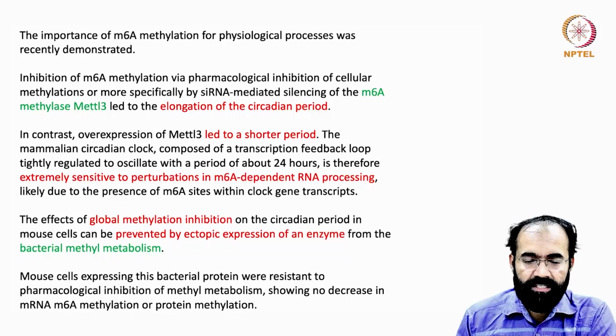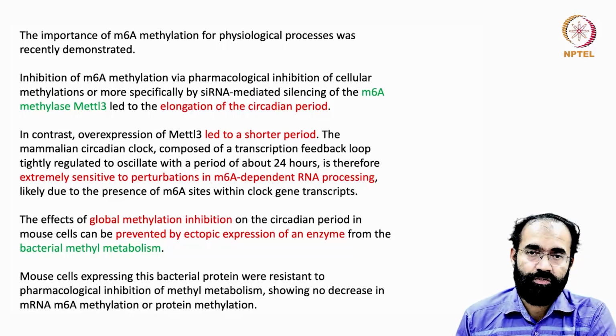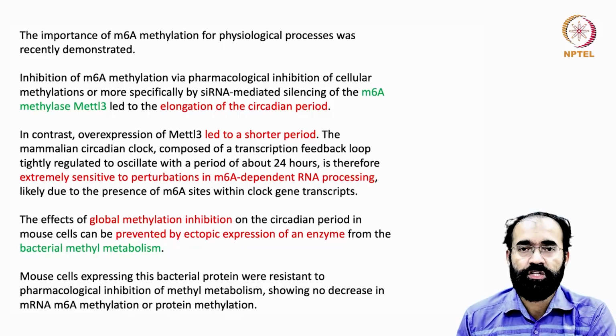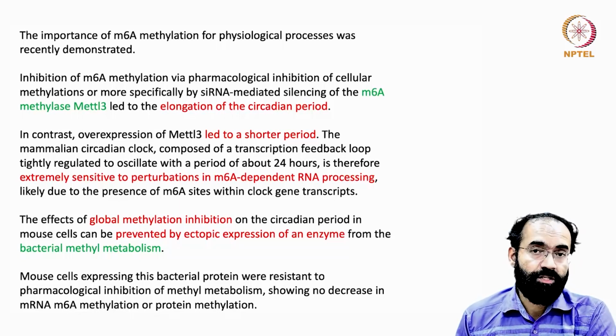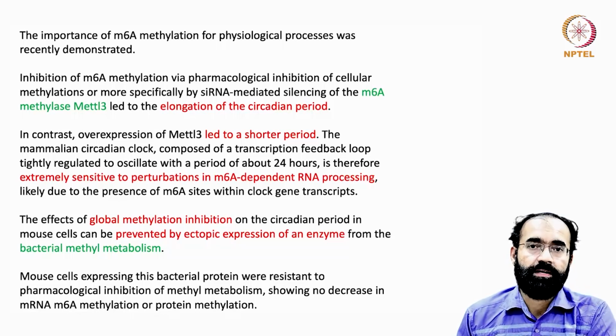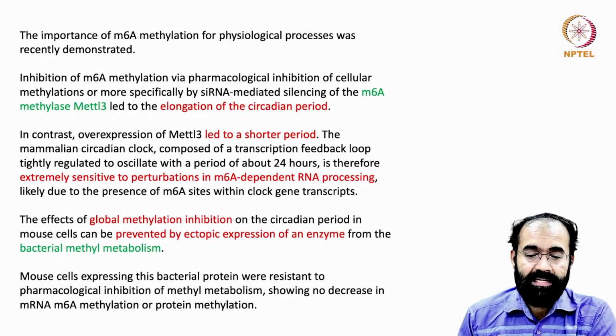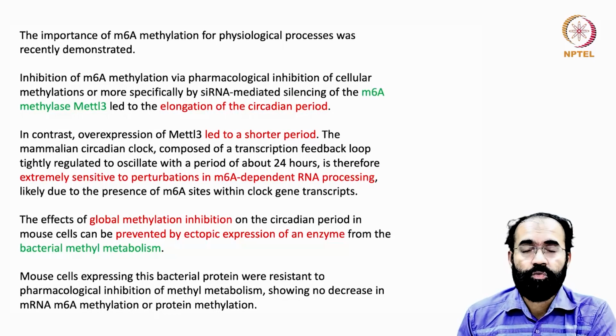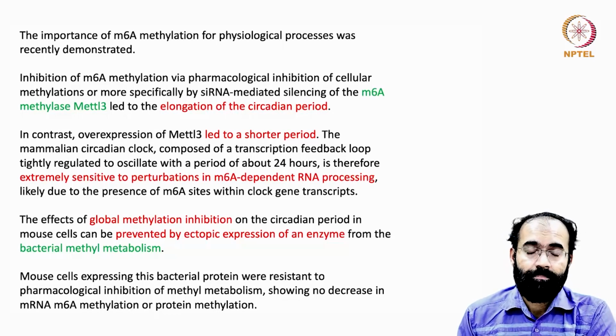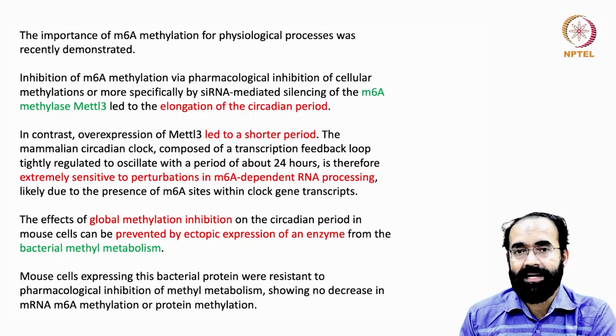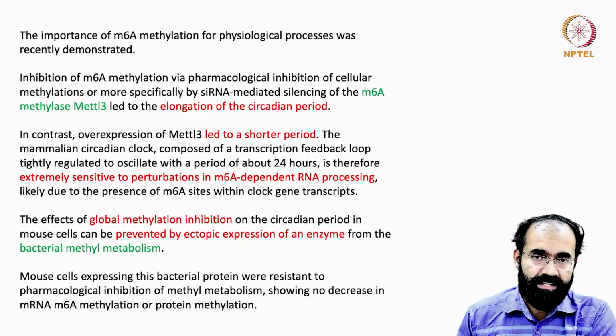So you can guess it: if you overexpress a methylase, naturally more RNA residues will be methylated, and what will this cause? They will overfunction. They will perform much stronger. They will get translated, and because of this you will have a shorter time. This RNA should have been translated in a fixed amount of time.